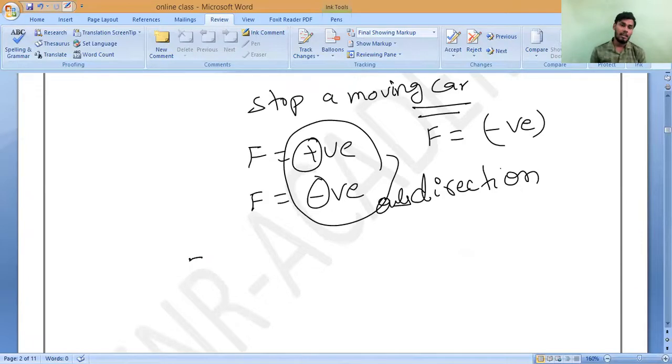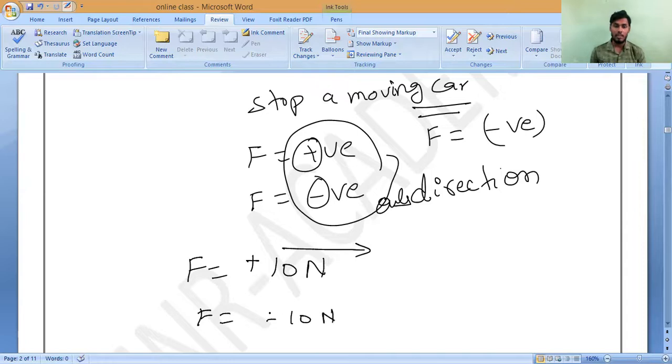Suppose I say F is equal to 10 newtons, it means the force is acting in the same direction of motion. If I say F is equal to minus 10 newtons, there is no negative force, the force is only 10 newtons, but this minus sign indicates the opposite direction of motion.